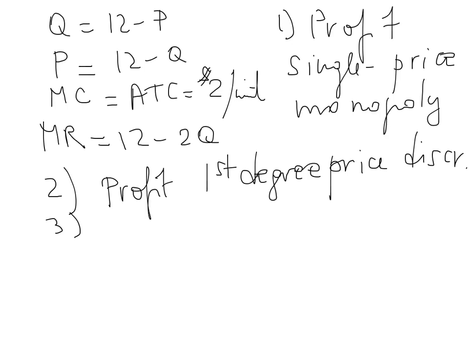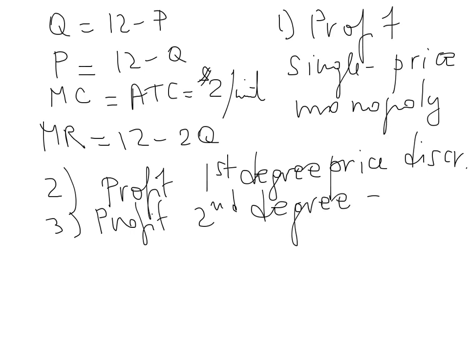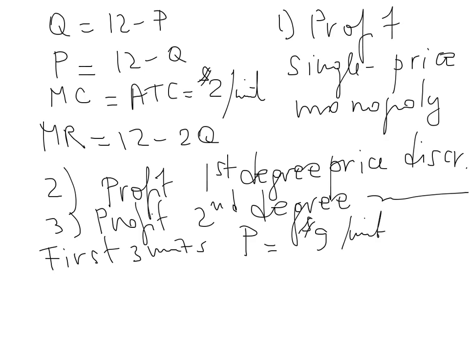And 3. What is the profit for second degree price discrimination, given that the first 3 units sell for a price of $9 per unit, and then the second 2 units sell for a price of $7 per unit.